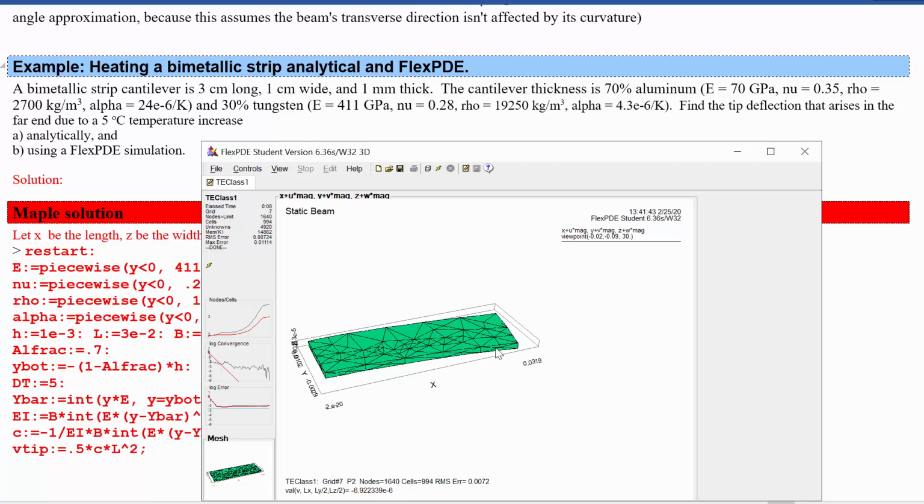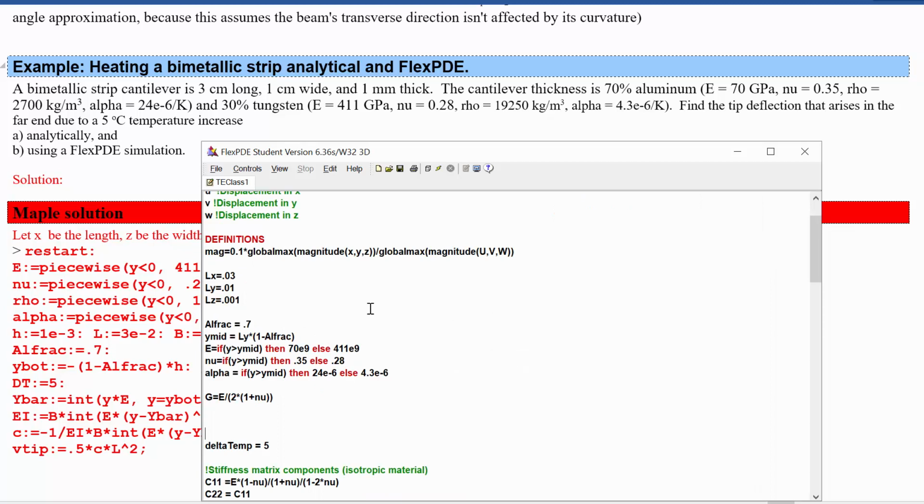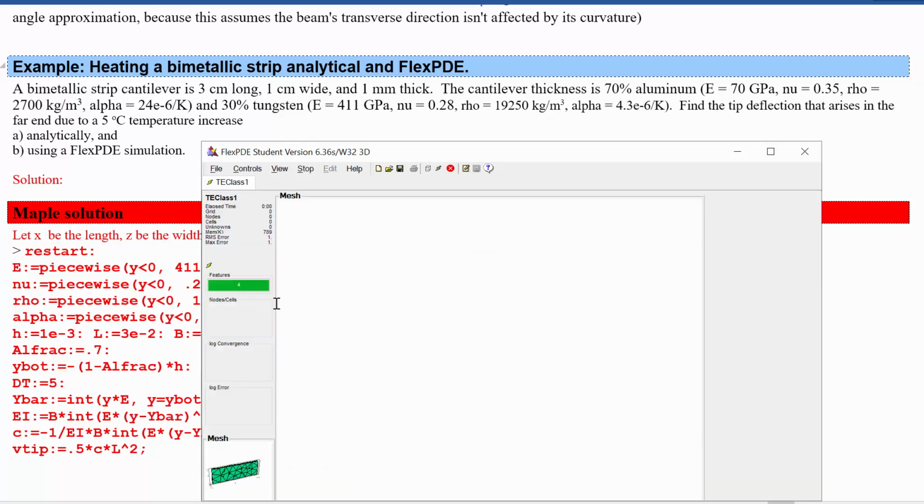Still, we do see that the bending is working correctly. So at high Y, we've got some expansion from the aluminum, and then the lower y value here. Tungsten doesn't expand as much, so it bends down. Okay. Yes, so I've mixed up y and z, so let's put this as z and this as y.